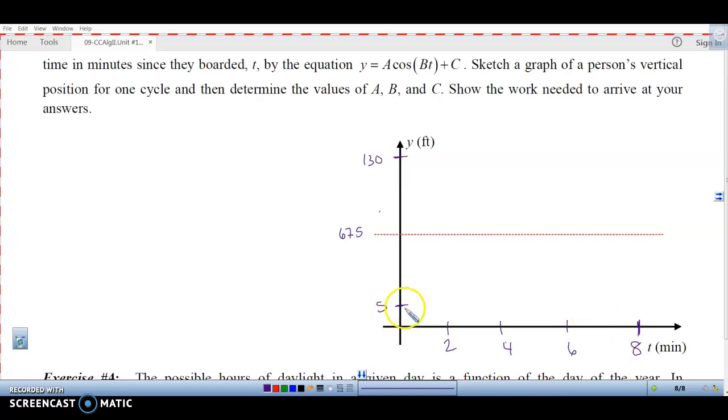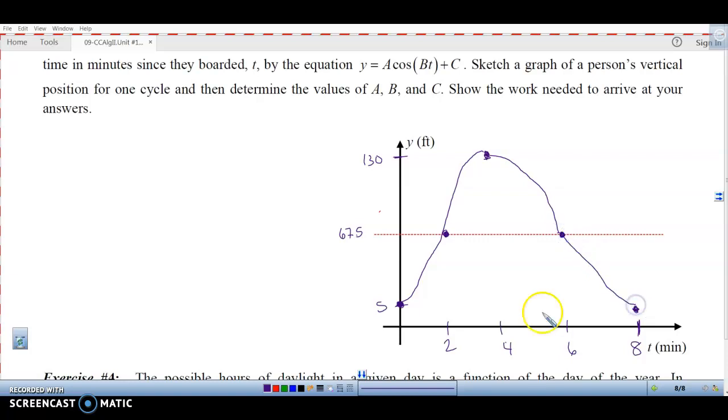Well, we started at 5. Cosine goes to the midline. The next point would be at 2. And then at 4, it would be at 130. At 6, it would be back to the midline at 67.5, and then back at 8, it would be at 5. So your cosine graph would sketch to look like this. Pretend I can draw a nice curve.